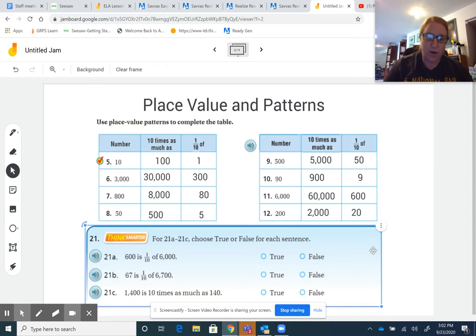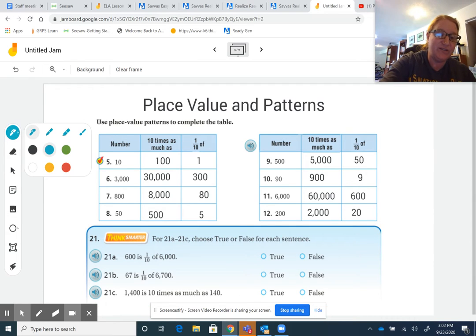Let's look at number 21. For 21A through 21C, choose true or false for each sentence. So I would like to know, is 600 1/10 of 6,000? Is that true or false? When we're doing 1/10, we need to get rid of a 0. So if I get rid of a 0 there, it is 600.